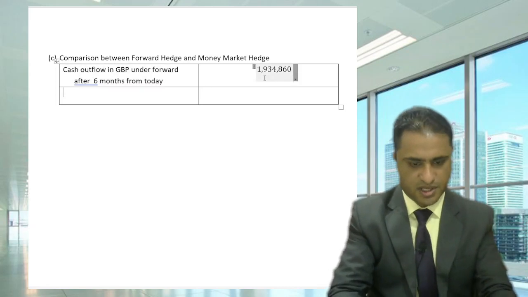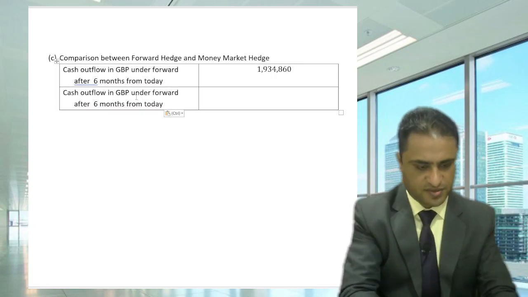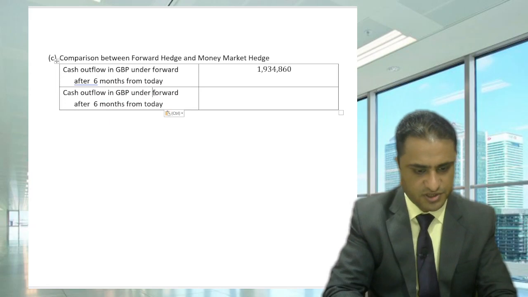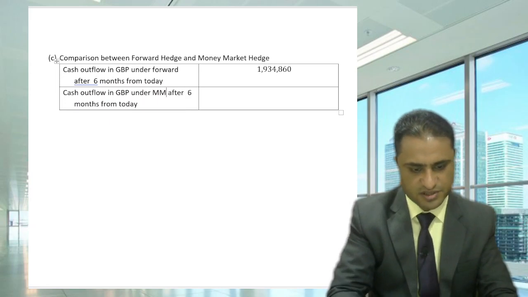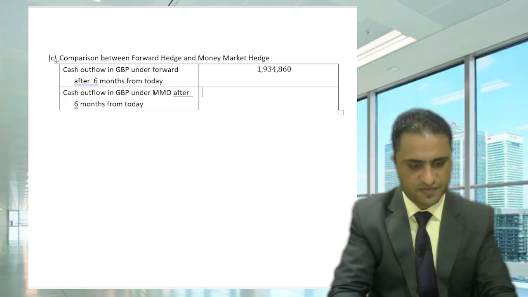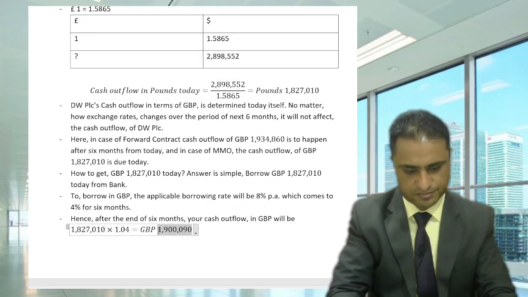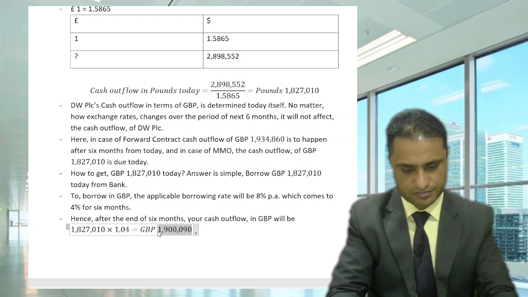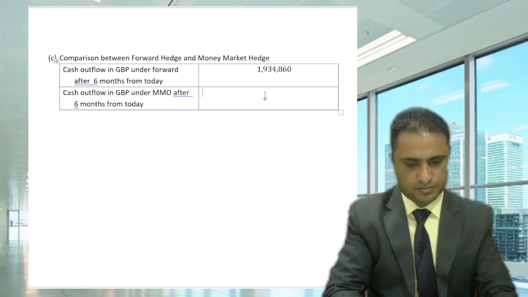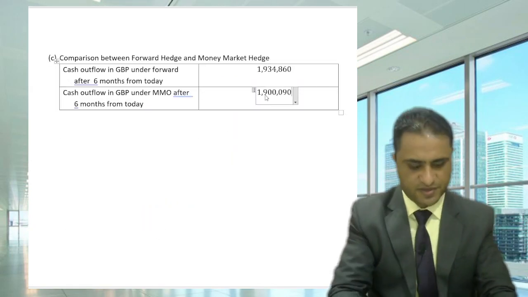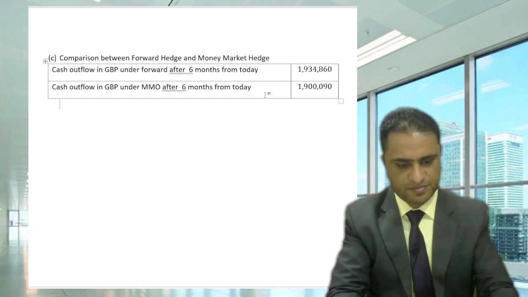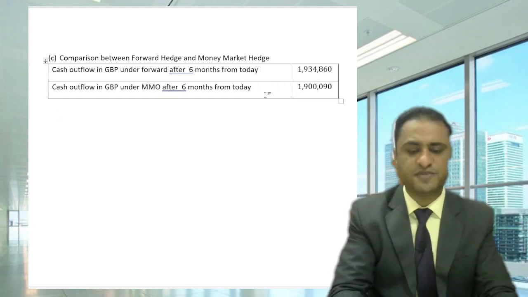And similarly, we can say cash outflow in GBP under money market operation after 6 months from today. And this figure is here. Now let's compare. If it is outflow, you will just compare which is more beneficial to you.